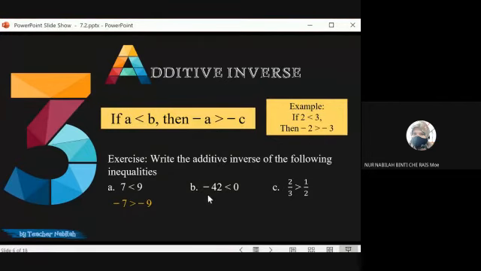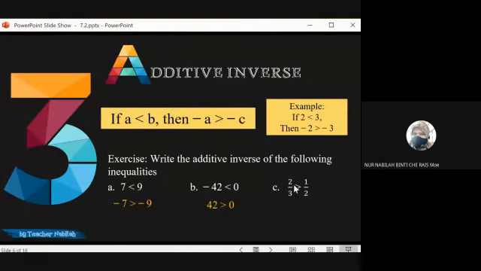And then negative 42 less than 0. If here is negative, you inverse this one, you change into positive. So it will become 42 only, not negative anymore. And this one, you change the symbol to more than 0. 0 doesn't have negative, so don't put negative here. So 42 more than 0.